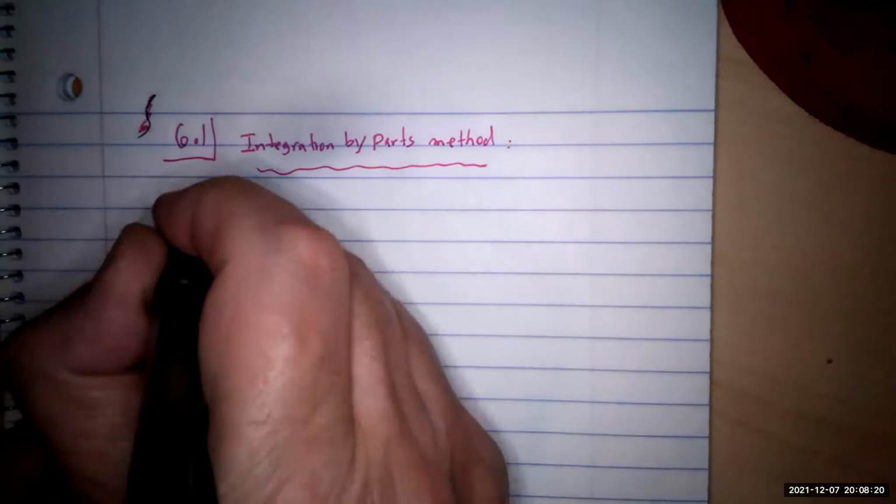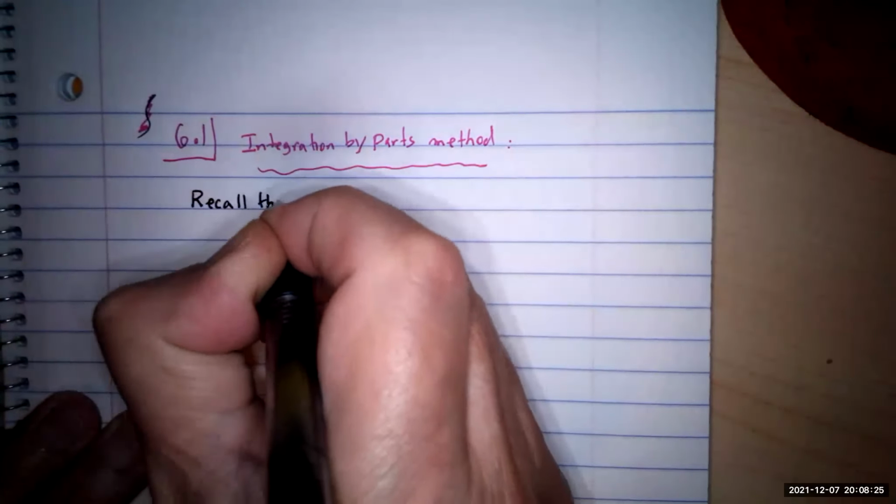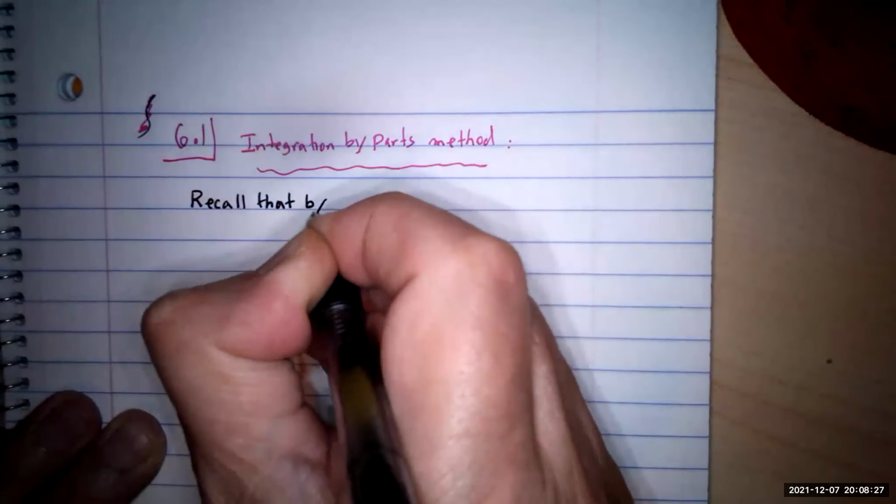There are going to be 2 functions involved when you want to integrate. So what's the idea? Remember the product rule for differentiation?